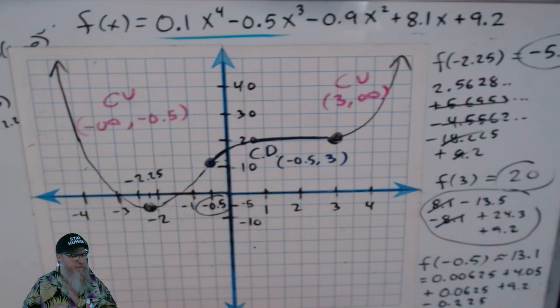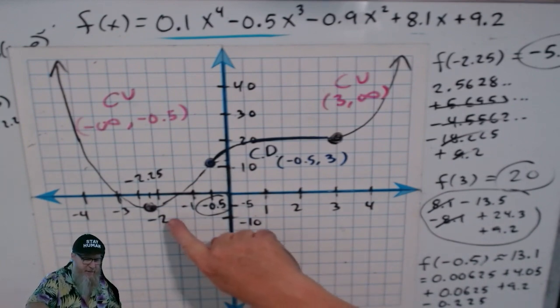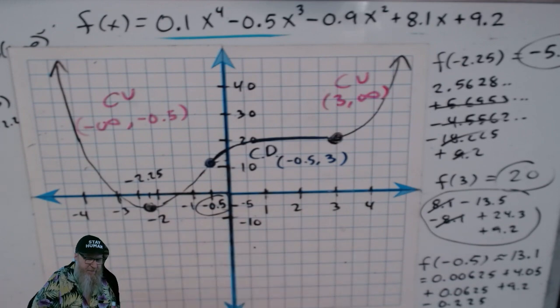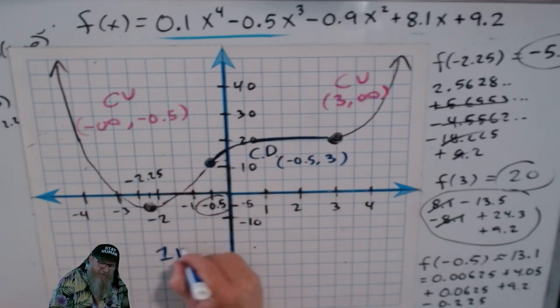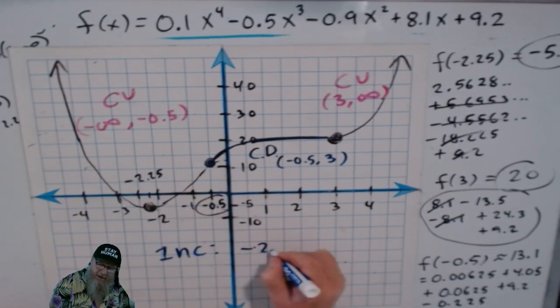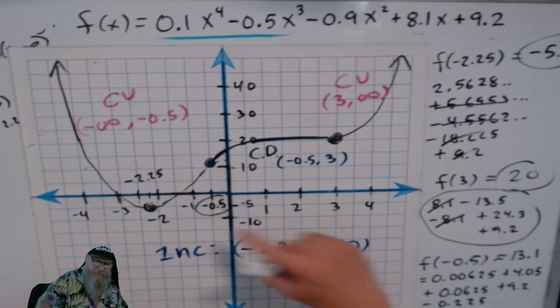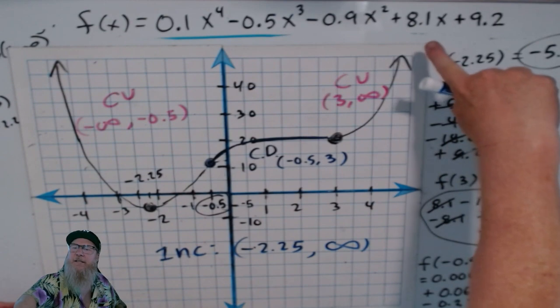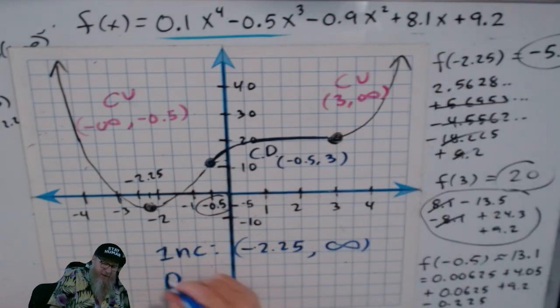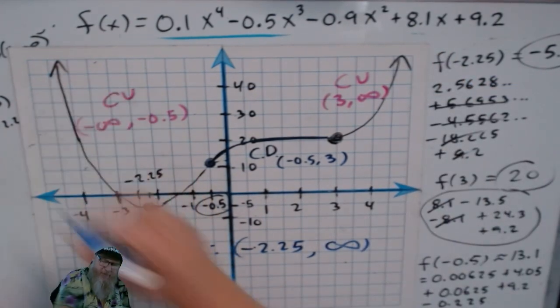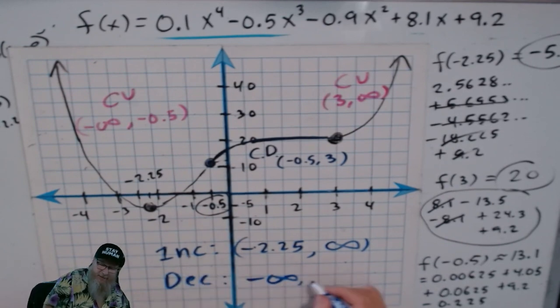We have increasing from negative 2.25 all the way to infinity. All of this is increasing. And then we have decreasing from negative infinity to negative 2.25.